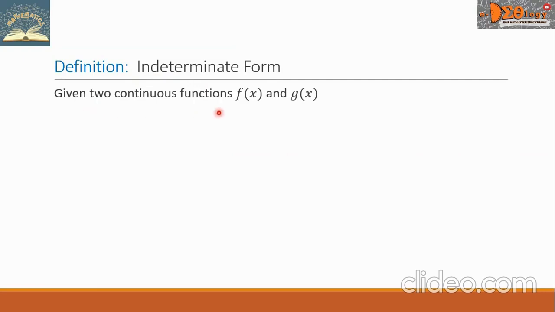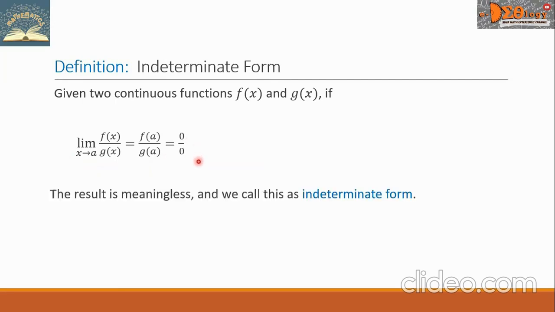Given two continuous functions f of x and g of x, if we evaluate the limit of f of x over g of x as x approaches a as f of a over g of a, and if this fraction results to 0 over 0, the result is meaningless, and we call this an indeterminate form.